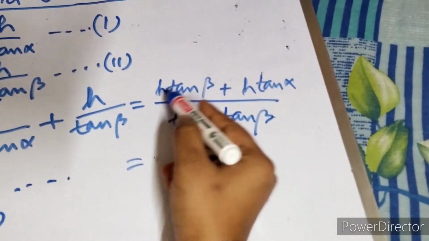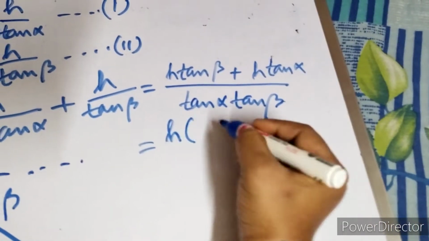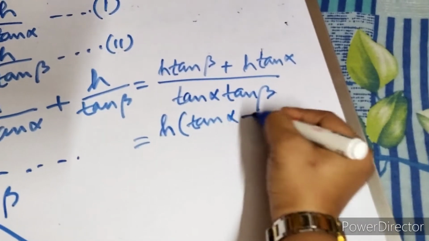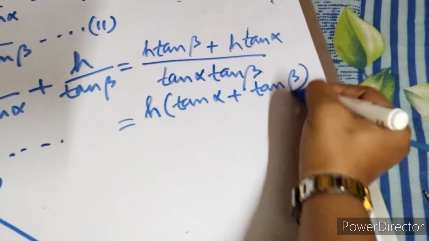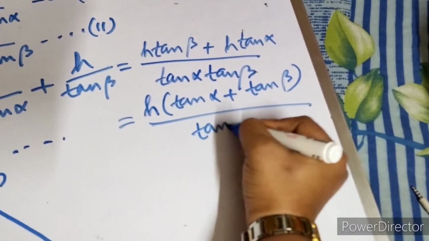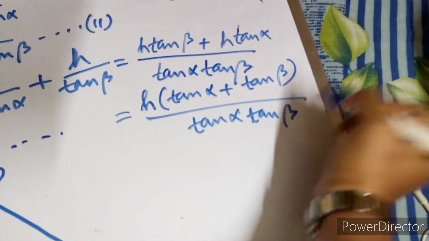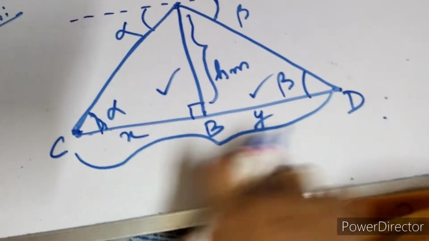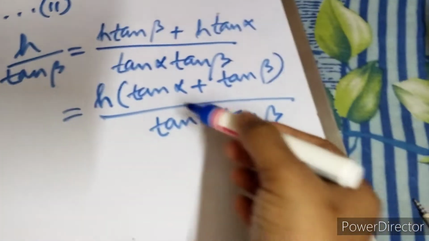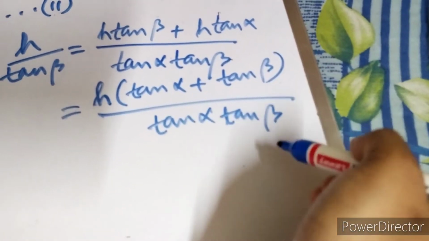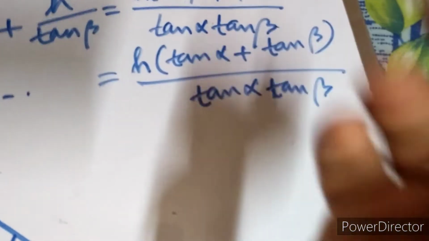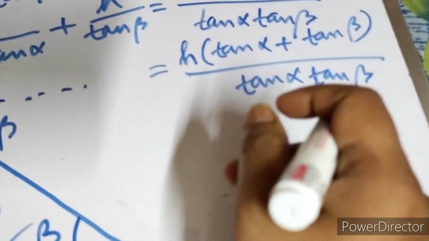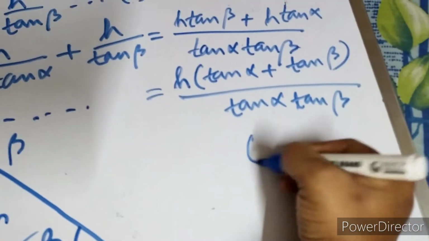Taking H as common, we get H times tan alpha plus tan beta, divided by tan alpha tan beta. In the question it was given that the distance between the two ships should be H times tan alpha plus tan beta by tan alpha tan beta. So we were required to prove this one only. Distance between the ships. So hence proved.